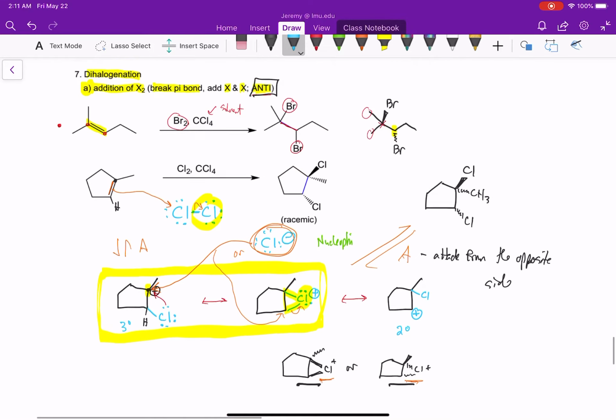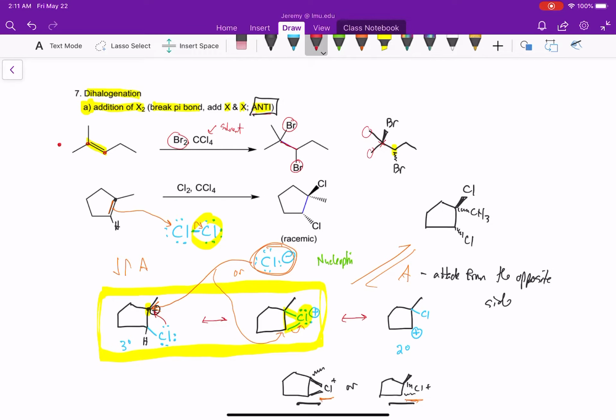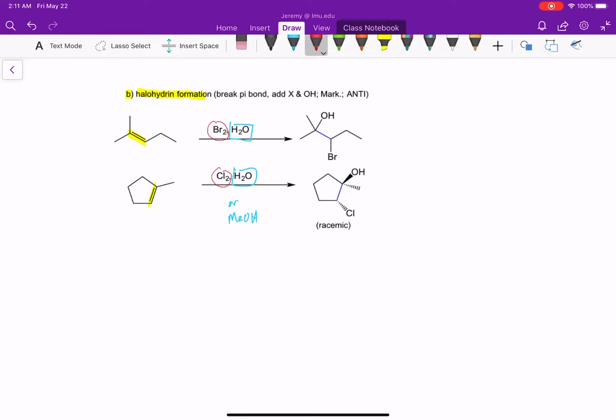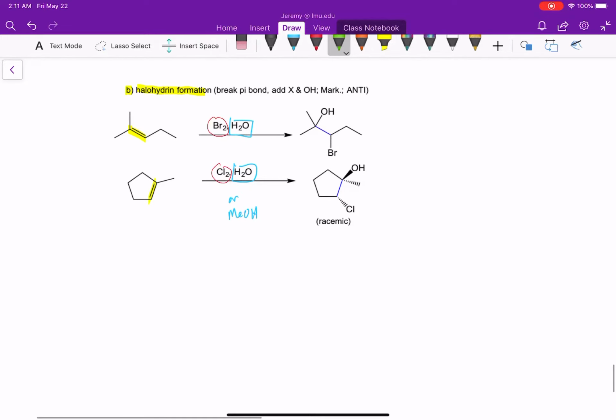So in the top example, when we use CCl4, this was our solvent, and that's a non-reactive solvent, okay? It's not nucleophilic, and it doesn't react, which is why we never saw it in the mechanism, okay?